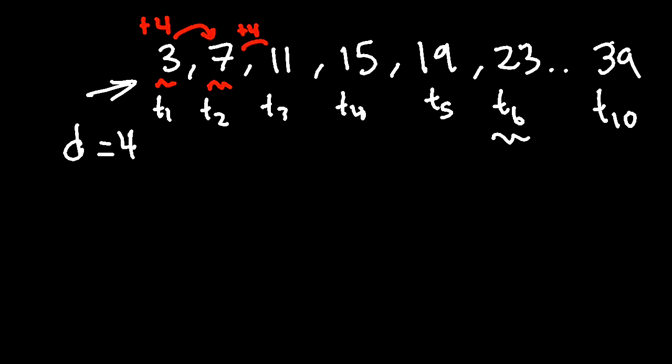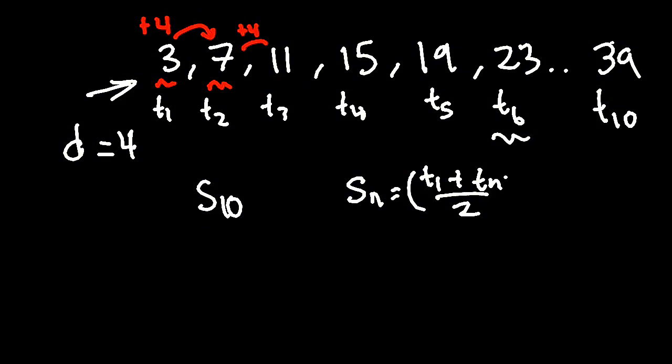Okay, so to find the sum of the first 10 terms, we'd use this formula. Sn is equal to T1 plus Tn over 2 times n.